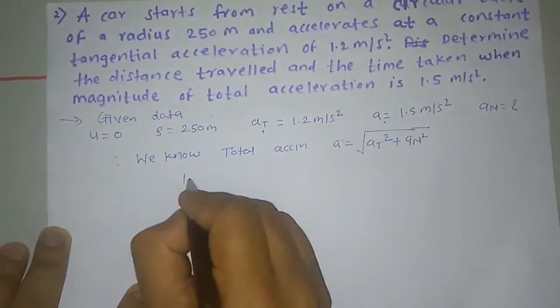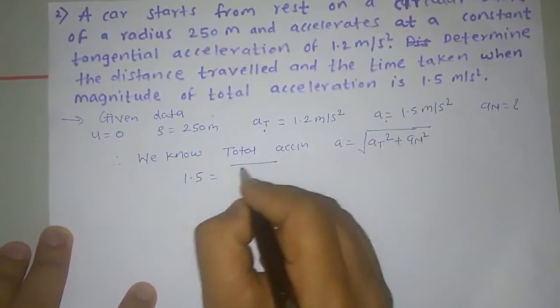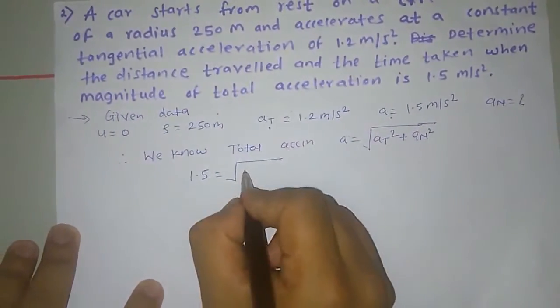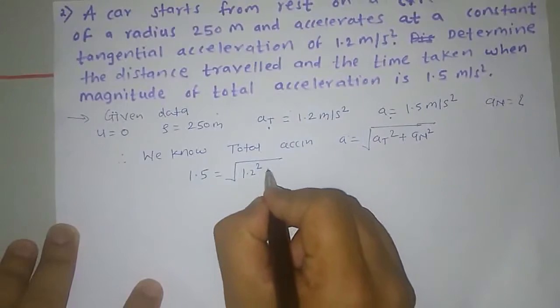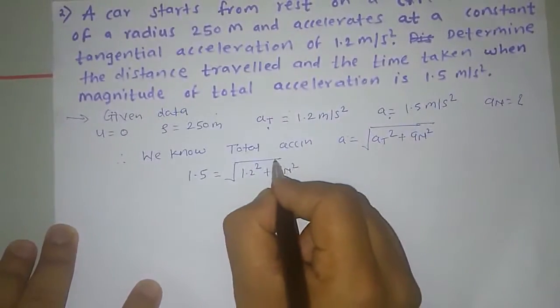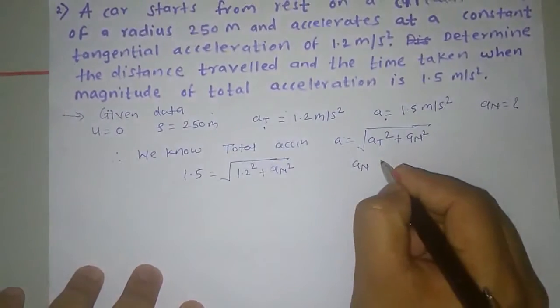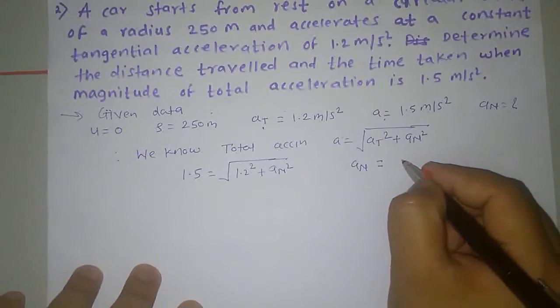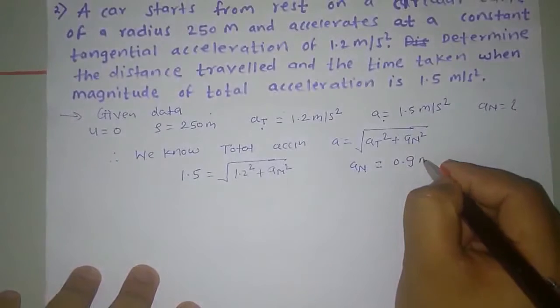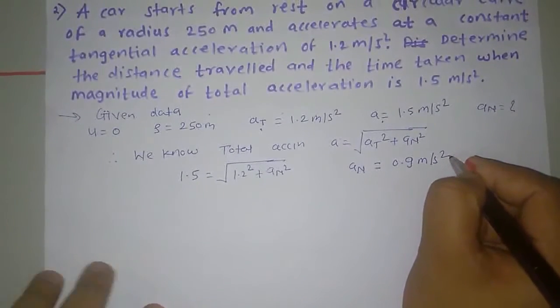So A we have 1.5, square root of AT 1.2 square plus AN square. So by solving this, you will get the value of normal acceleration, that is 0.9 meter per second square.